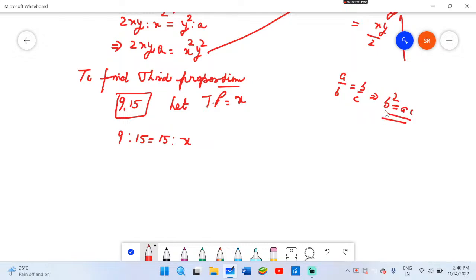B is called the mean proportional between A and C, and C is called the third proportional to A and B. So x is the third proportional to 9 and 15, and the property says 9x is equal to 15 into 15.